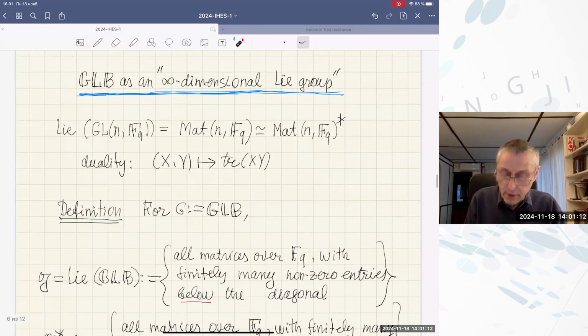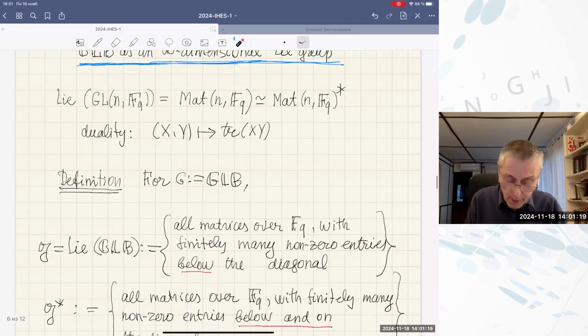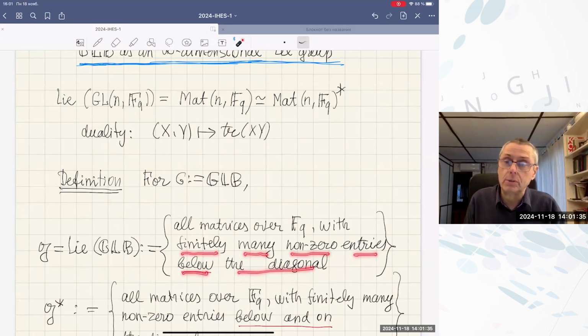And now what happens if we take as G our object GLB? Again, we have a natural Lie algebra. Its definition is as follows. We consider all matrices over our field with finitely many non-zero entries below the diagonal.